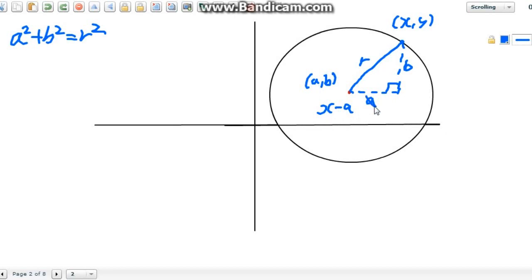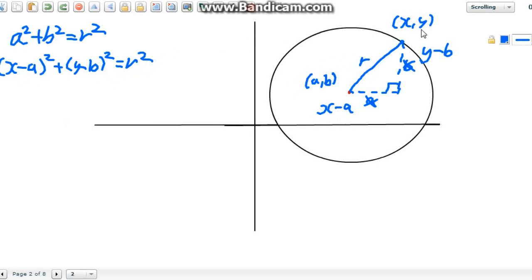And here it's the change in the y-axis, so it's y minus b. So we get x minus a squared plus y minus b squared equals r squared. And this is the equation of a circle.